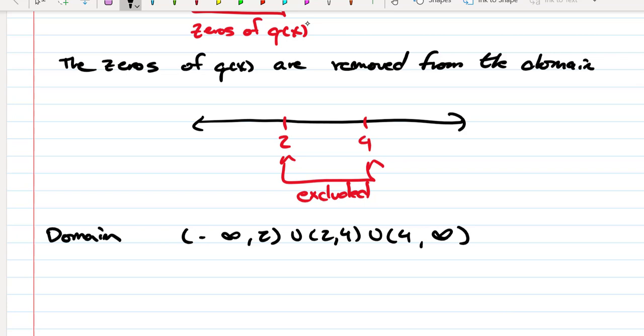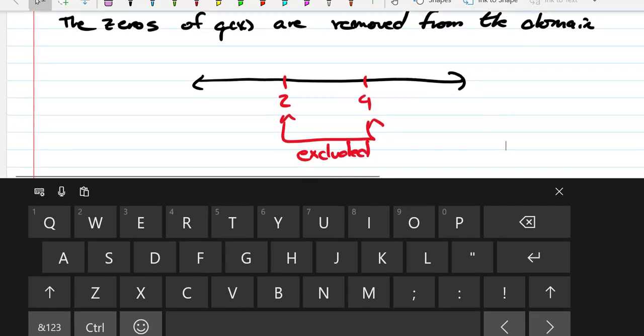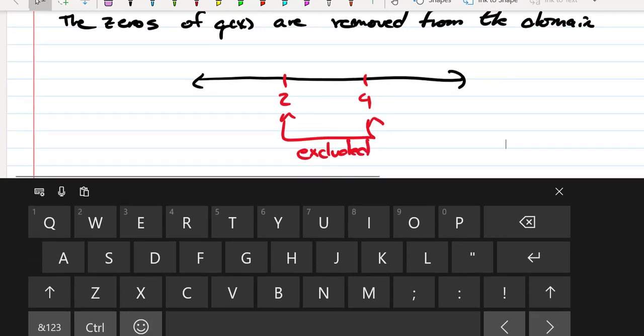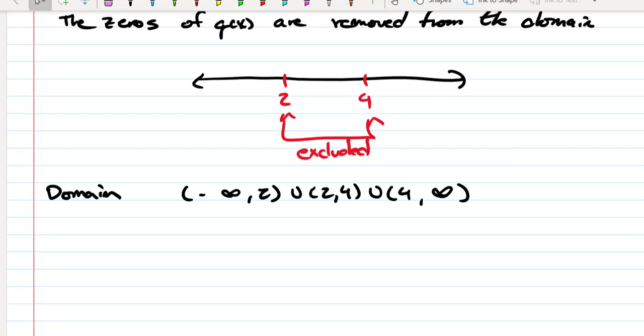So that's going to be my domain for this. Because if I remove 2 points from a line, if you think about a line as being a piece of string, if you cut a string twice, it's going to break it into 3 parts.